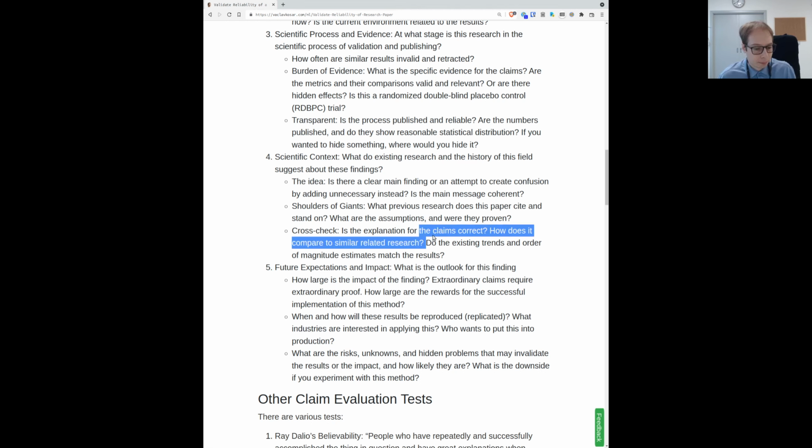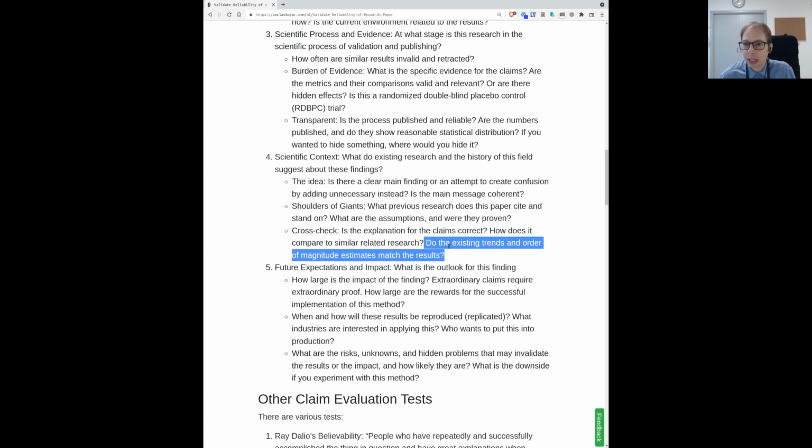And also we can do some magnitude estimates, right? If we have some big results, do they make sense? Can we cross-validate it with some simple calculation coming from different sources that are sort of orthogonal?